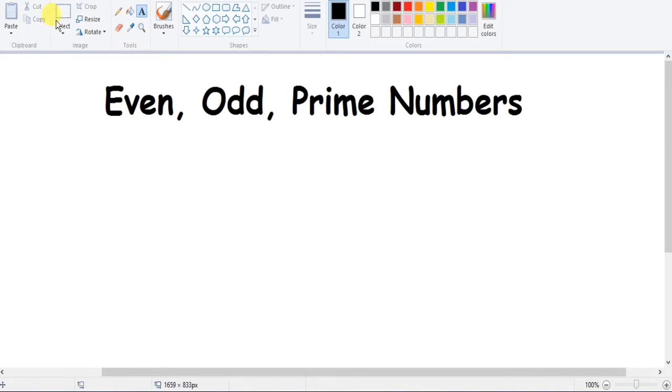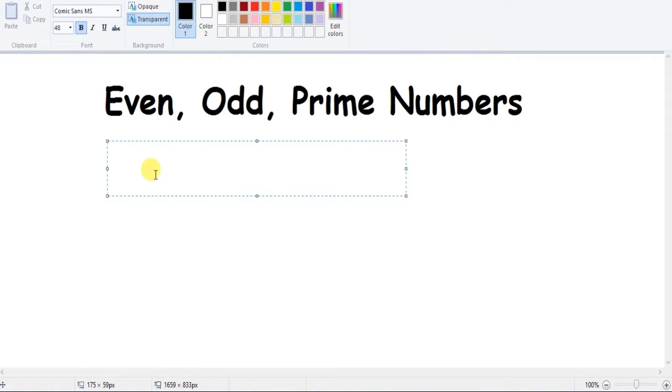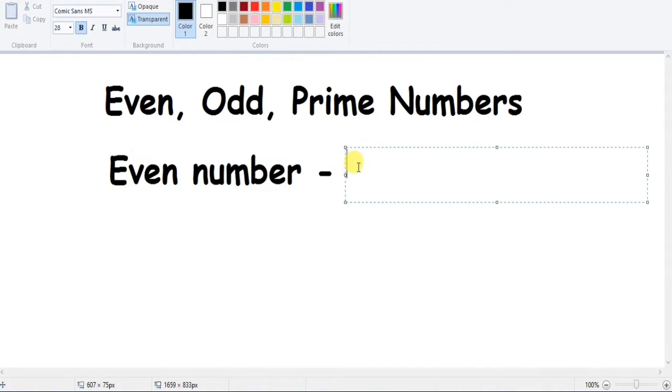So what is an even number? Let me give an explanation here of what an even number is. I'm going to start with the definition of an even number. An even number is a number which can be divided by 2.